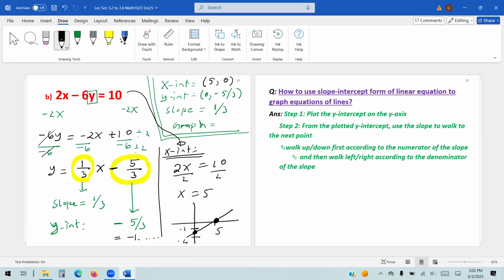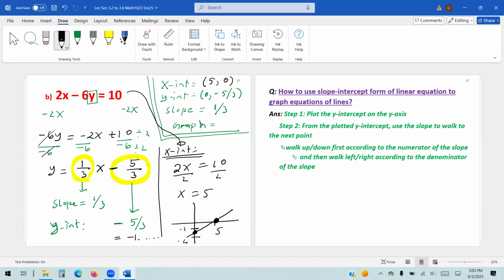Okay, so we learned how to graph a line using 2 points, using the x and y intercepts. And now the last method: how do you graph a line using the slope and y-intercept? If you have an equation already given in slope-intercept form, you don't have to do any math to graph.